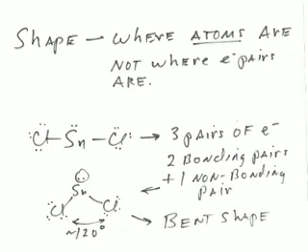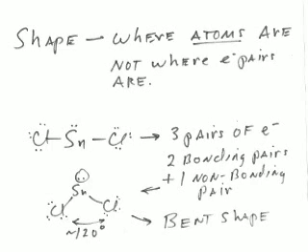So what we are actually seeing is where the atoms are. And so when we talk about shape, we're talking about the arrangement of the atoms in the molecule, not the arrangement of the electrons. The electrons might be deciding where everything is ending up, but they are not the shape of the molecule. The shape of the molecule is where the atoms are.